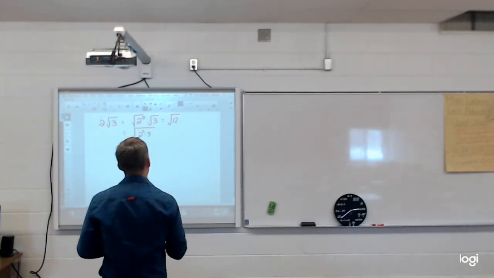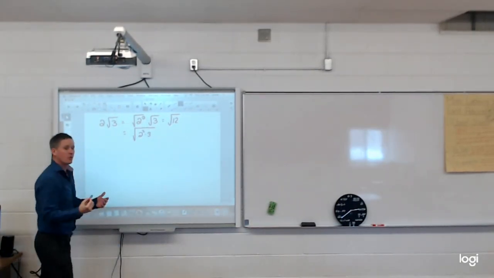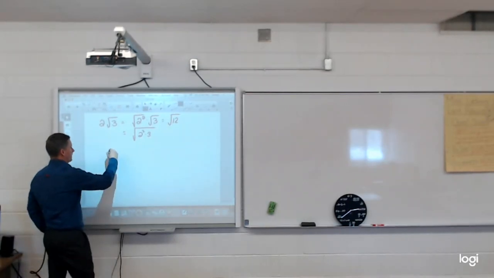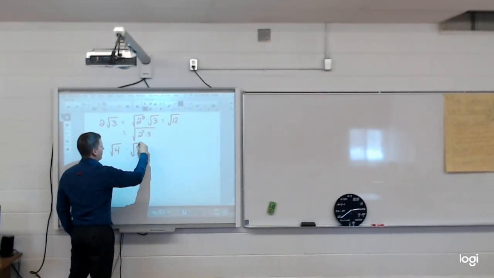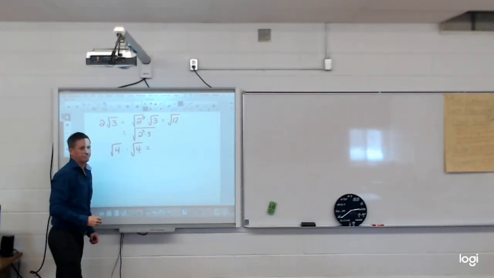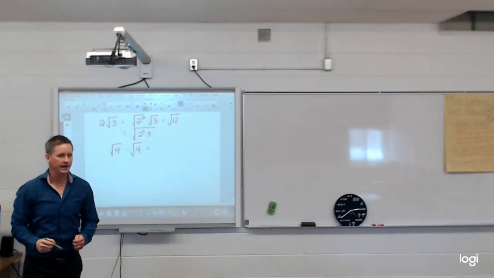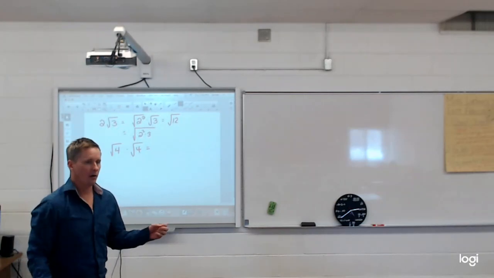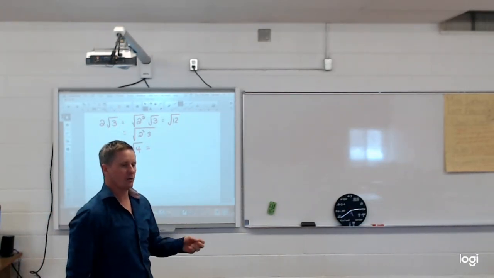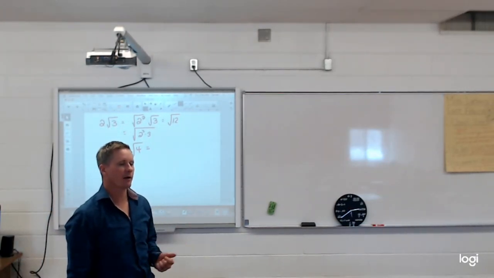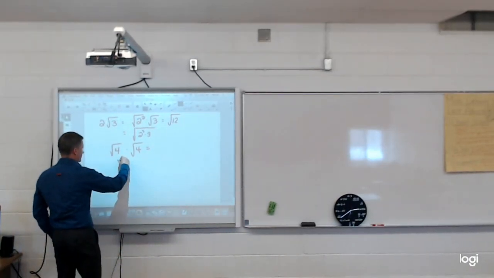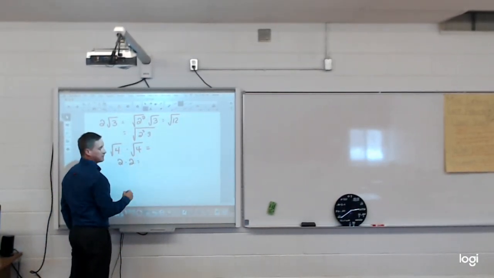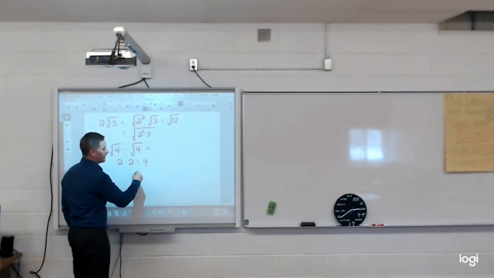So let me show you in a different way that'll make a little more sense. Imagine this. I take the square root of 4 and I times it by the square root of 4. Well, what is the square root of 4? 2. So would you agree with me that this is 2 times 2? So I would get 4 there, right?